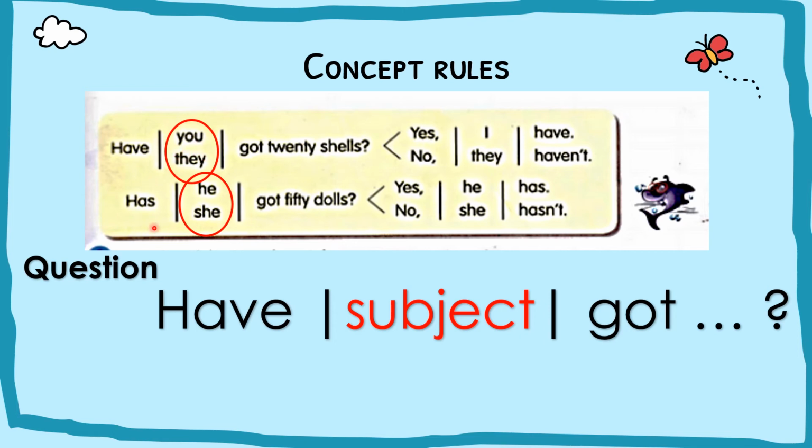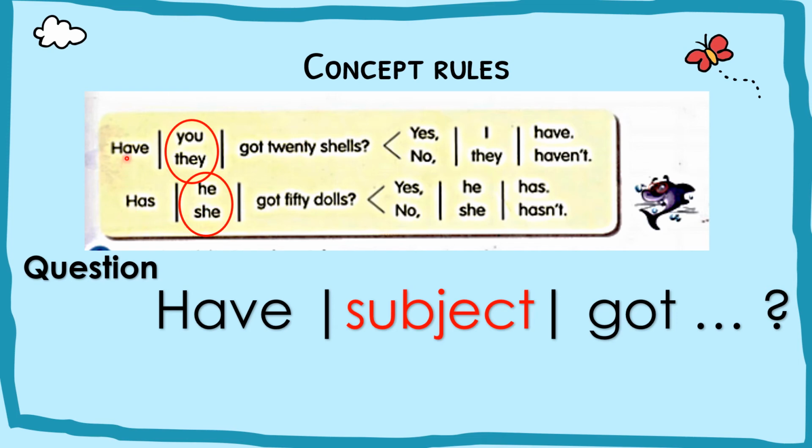But if you use the verb has got, you have to remember has is for the singular subject. So the subject in the middle must be from the singular group. For example, has he got, has she got, or has Anna got, or has Noella got. This is for singular.